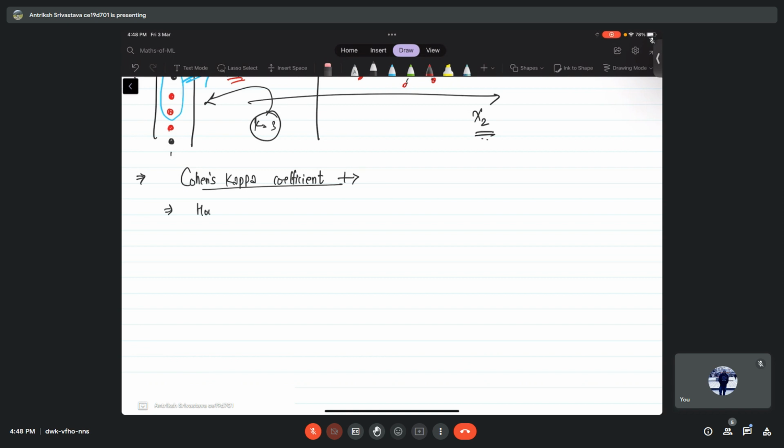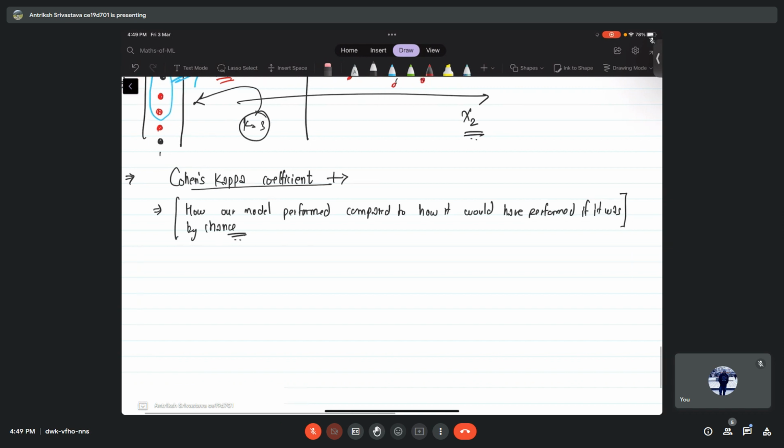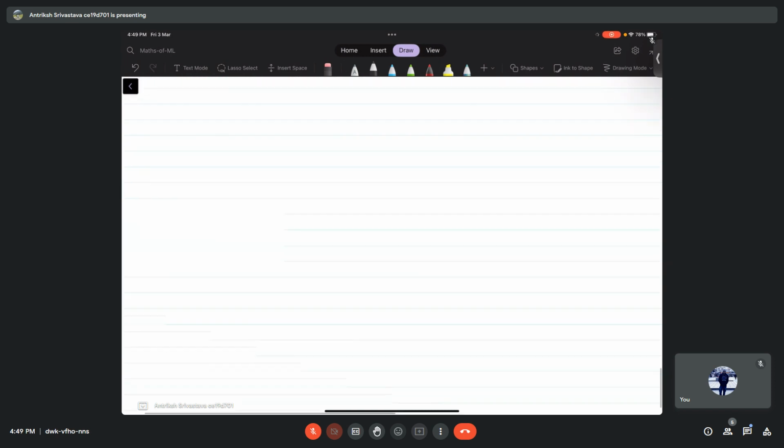So let's write that: how our model performed compared to how it would have performed if it was by chance. This particular definition is not very clear, but let's see how we can compute it in real life.